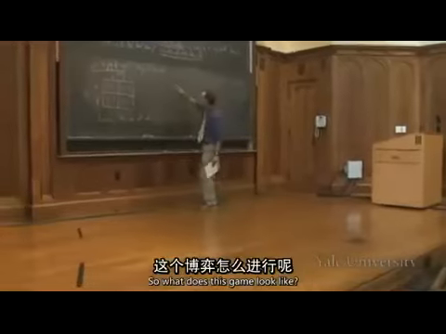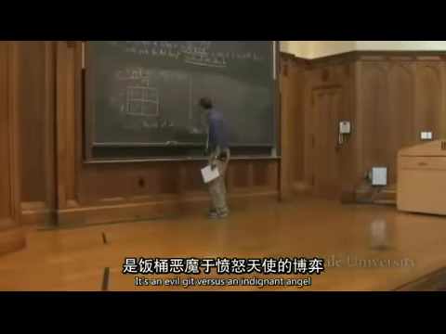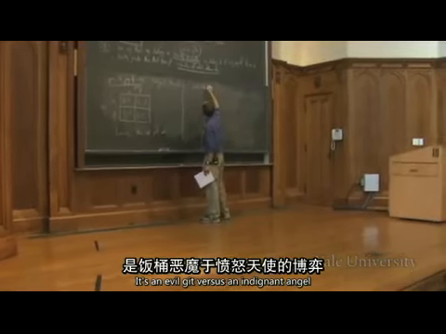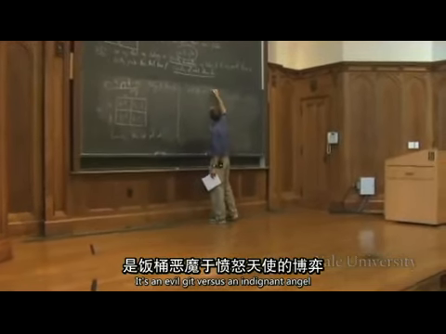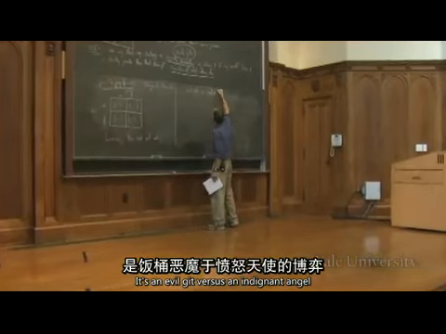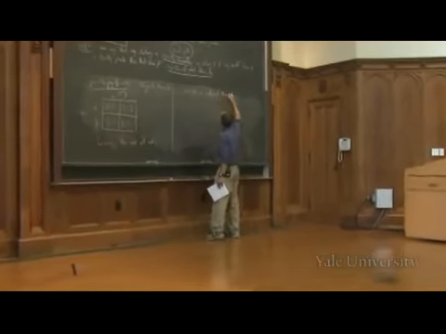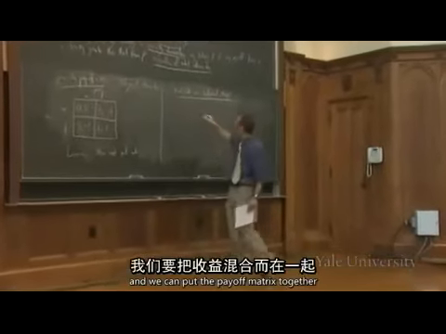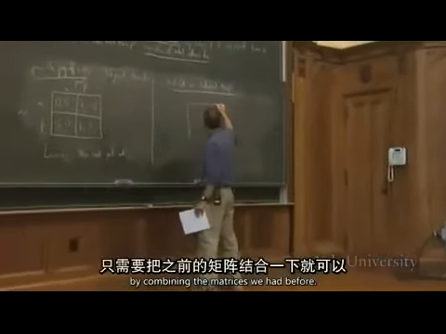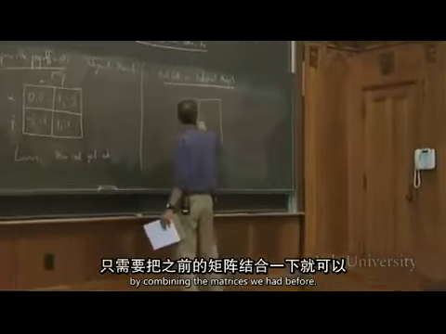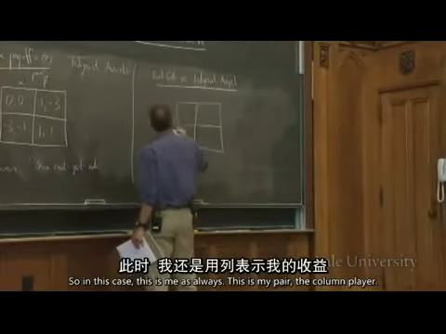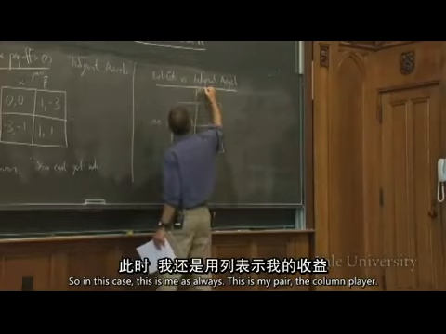All right. So what does this game look like? It's an evil git versus an indignant angel. We can put the payoff matrix together by combining the matrices we had before. This is me, as always. This is my pair, the column player.